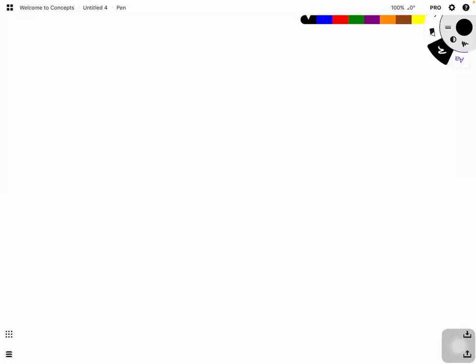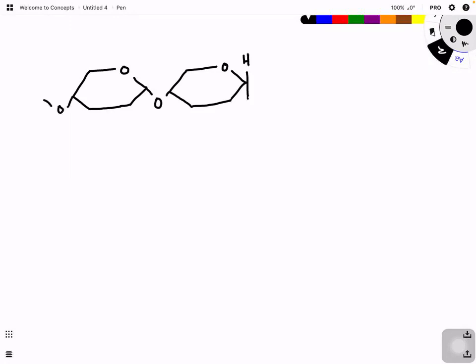I'm going to draw two chains, a simplified one. Okay, so this is one chain. This is carbon number 6, so carbon number 6 has an OH group here.